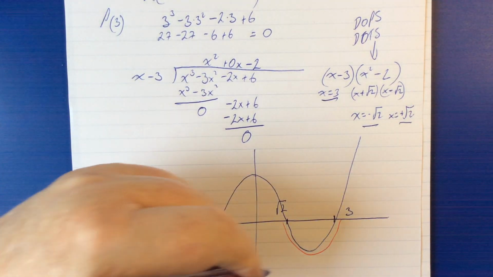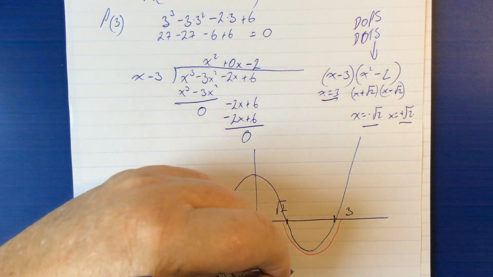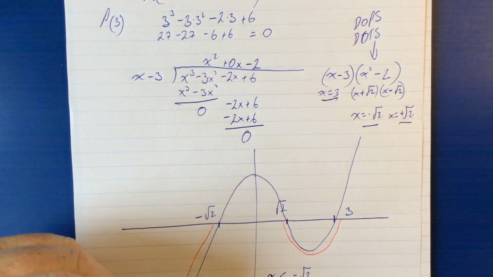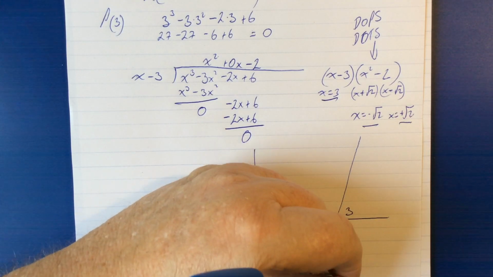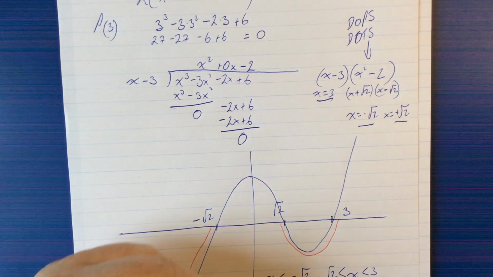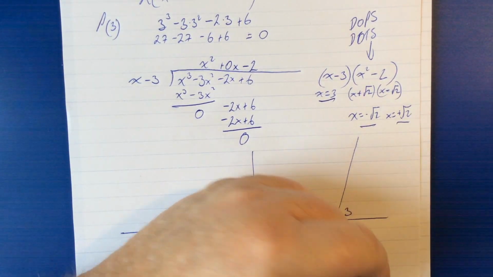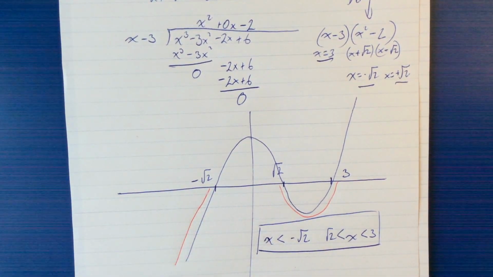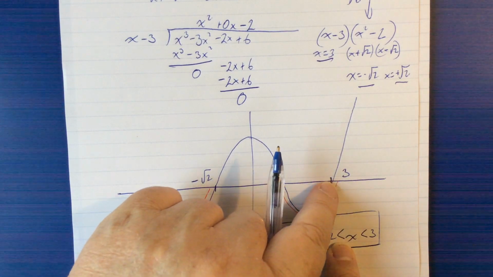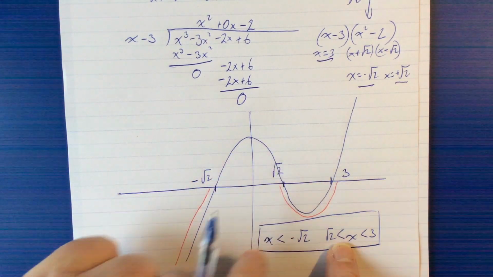And so x has to be less than negative root 2, or x has to be between root 2 and 3. And those are the solutions for this inequality. So that is that, and that is this area here.